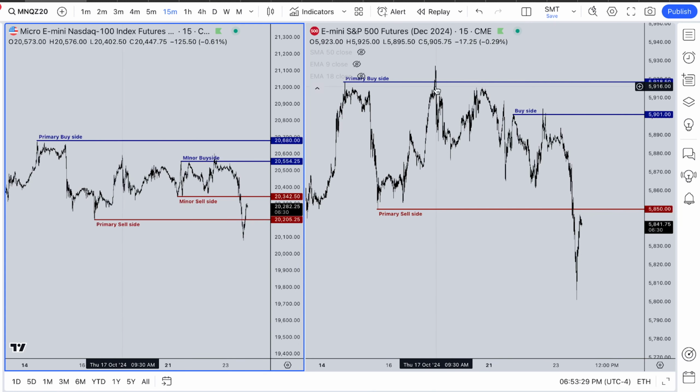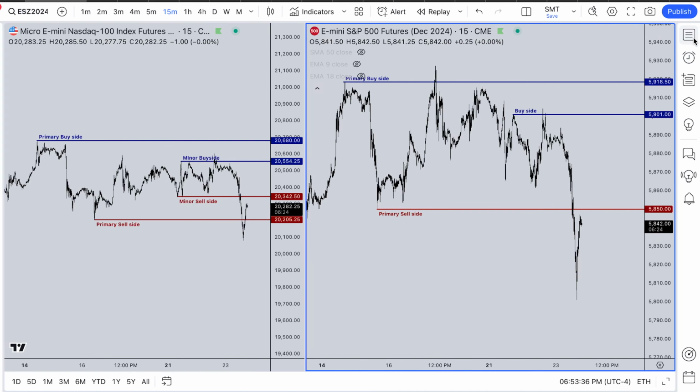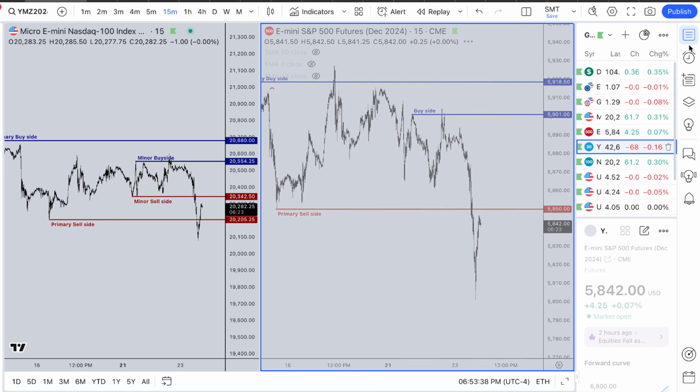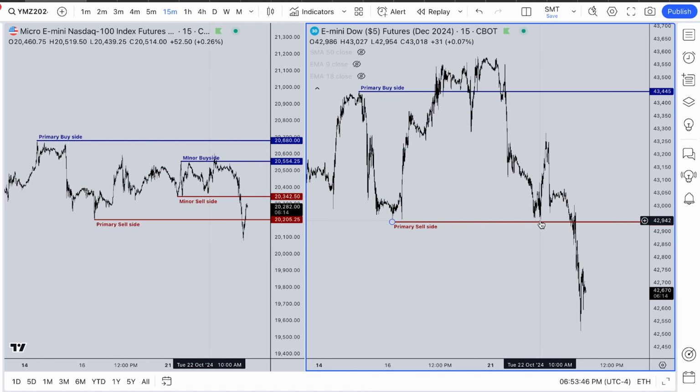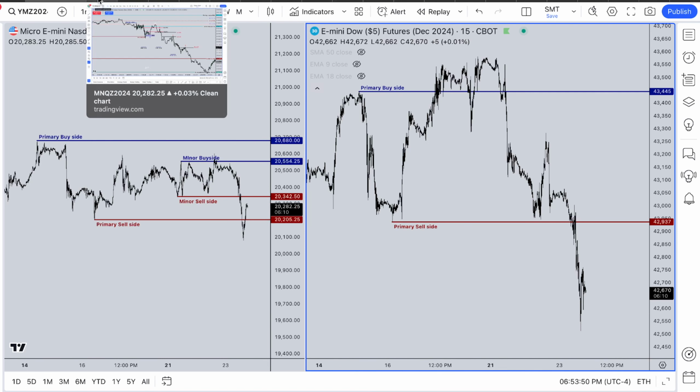In here we tapped it on Thursday, 17 October, and then we drew lower. If I take the Dow in here at 10:50, we draw to that, and then we draw higher, which is an indication.